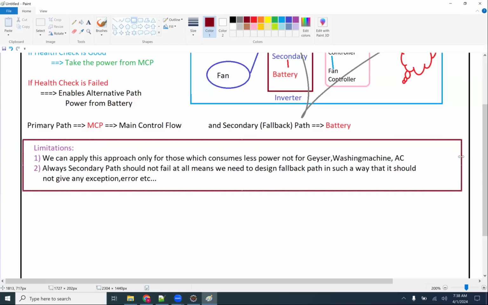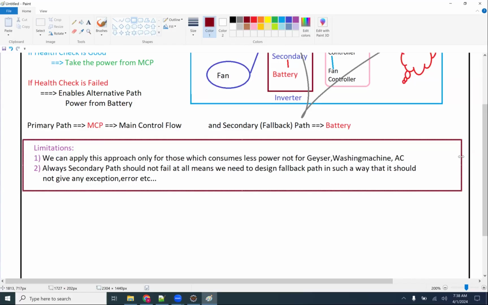So I'll take minimum electrical points in every room and I'll convert that to inverter. So whenever there is a problem, I'll take the power from the battery and they will work. So my day-to-day activities will never stop.